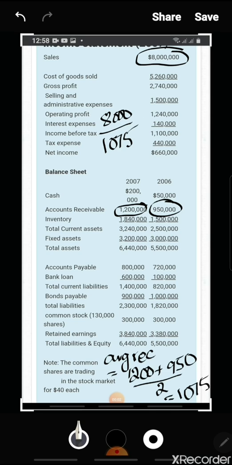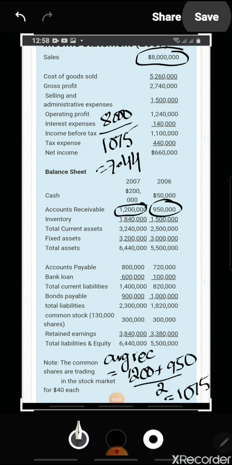So if we calculate this, 8000 divided by 1075, the answer is coming 7.44.